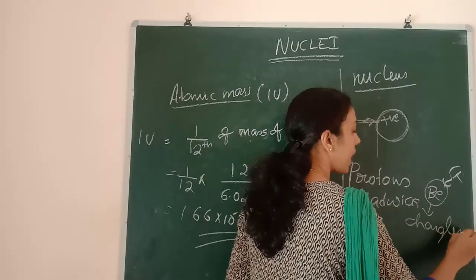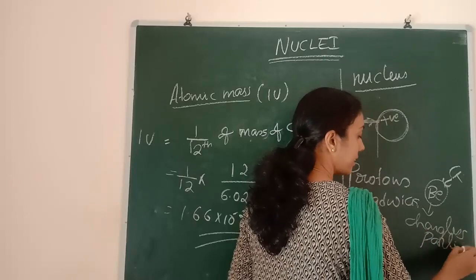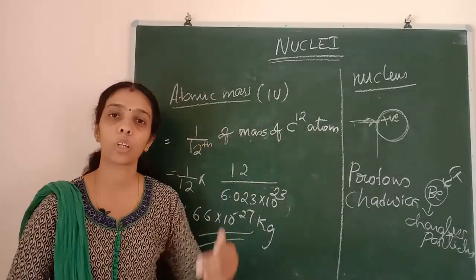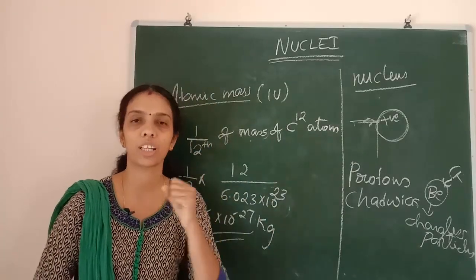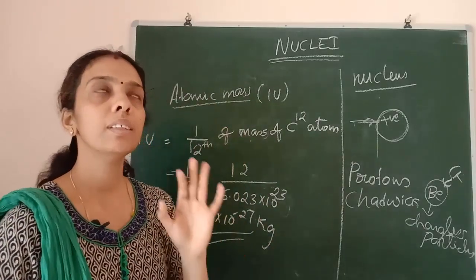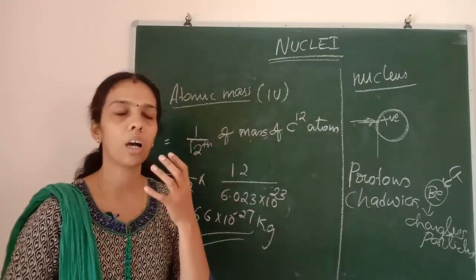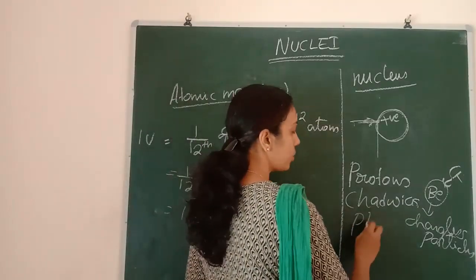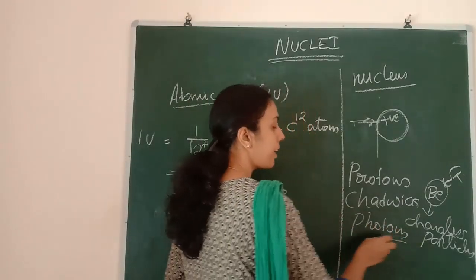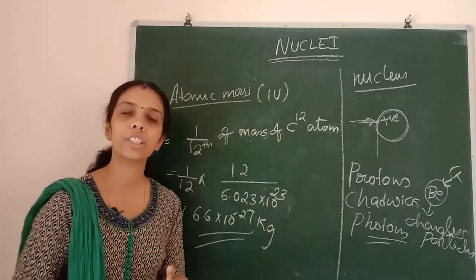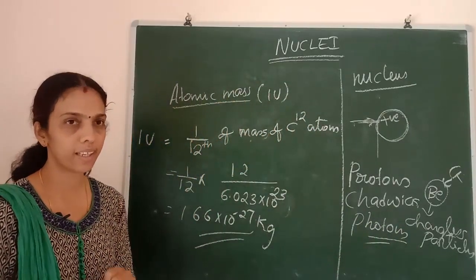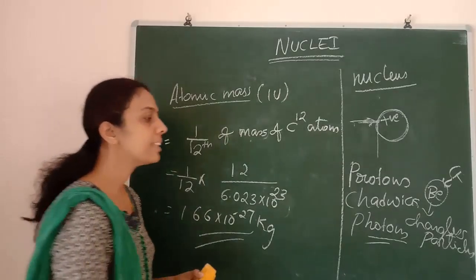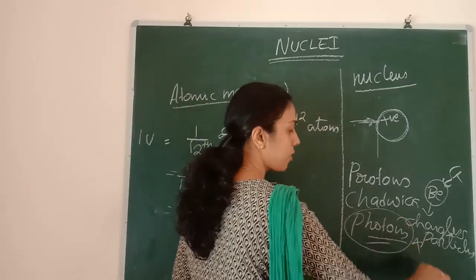The only chargeless particles known to us at that time were photons, so he thought it was photons. But when he considered conservation of energy and conservation of momentum, he understood that it did not satisfy the properties of photons.